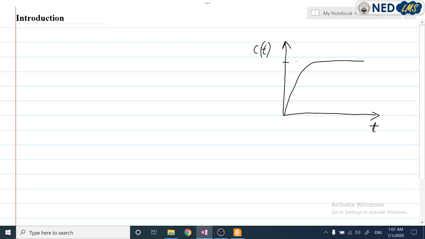So this is the output response of the fan, and this response we can also call the time response.